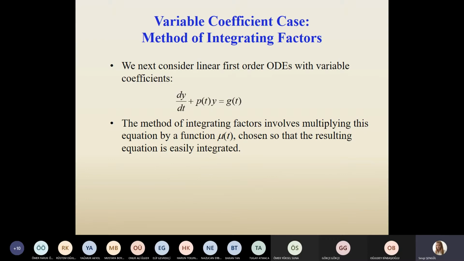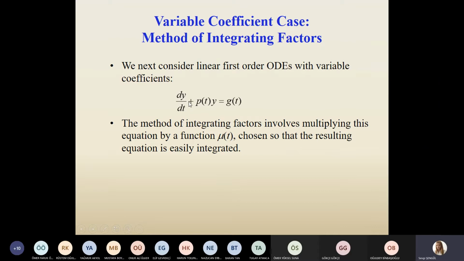For the variable coefficient case, this is the general form of the linear first order ordinary differential equation. To be able to solve that, our approach is the method of integrating factors. So we will try to find one factor, and once we multiply this factor with our equation, we can solve it easily.